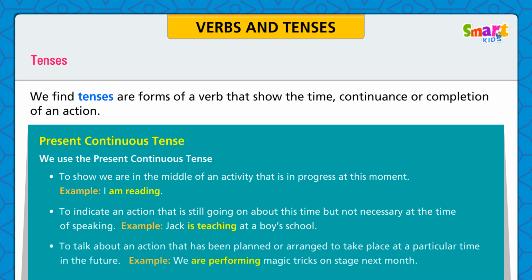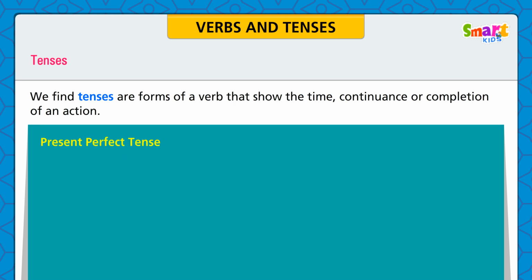To talk about an action that has been planned or arranged to take place at a particular time in the future. For example, we are performing magic tricks on stage next month. Let us learn the usage of present perfect tense.